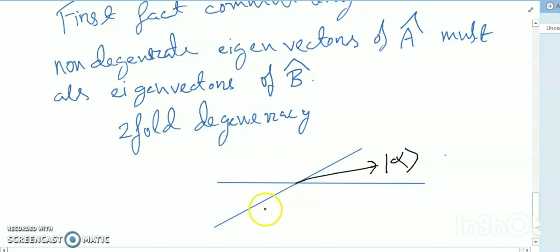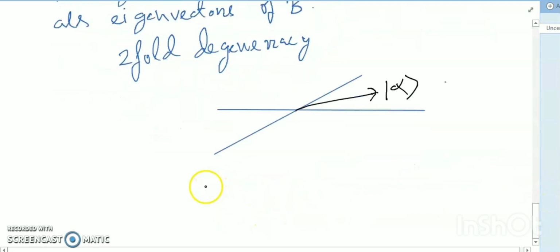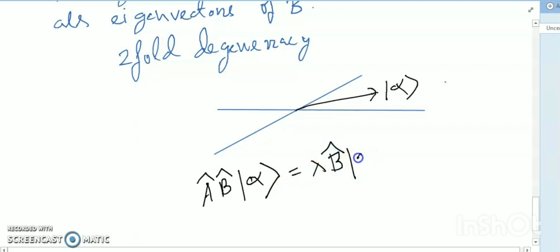AB acting on the eigenstate can be written as equal to lambda B alpha.